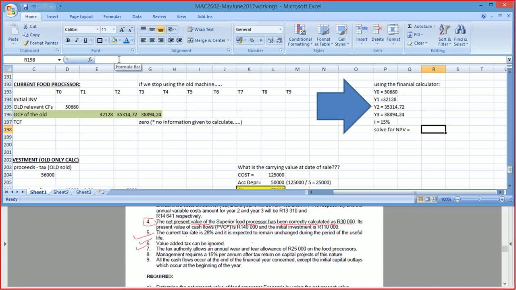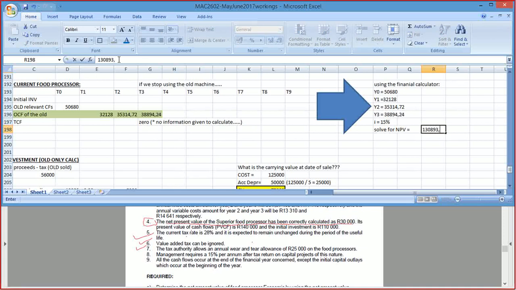Grab a financial calculator, set the cash flows and see what you get. 50680, 32128, 35314.72, 38894.24. NPV, what do you get?